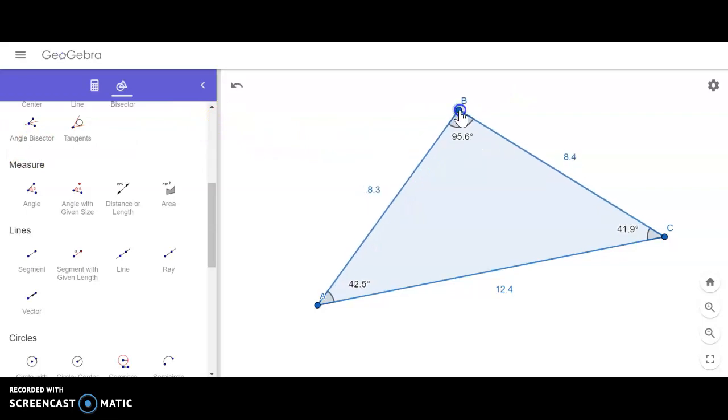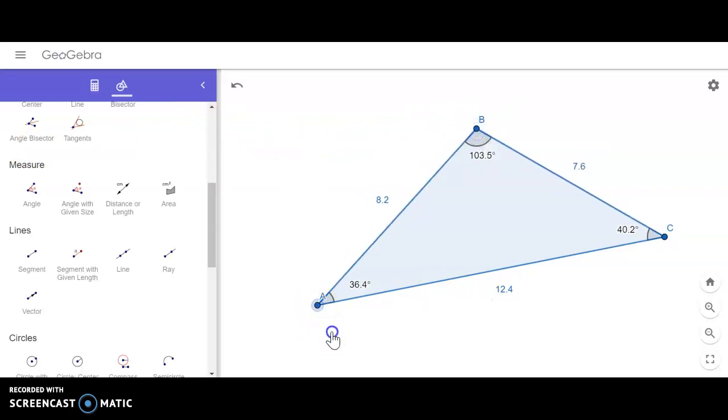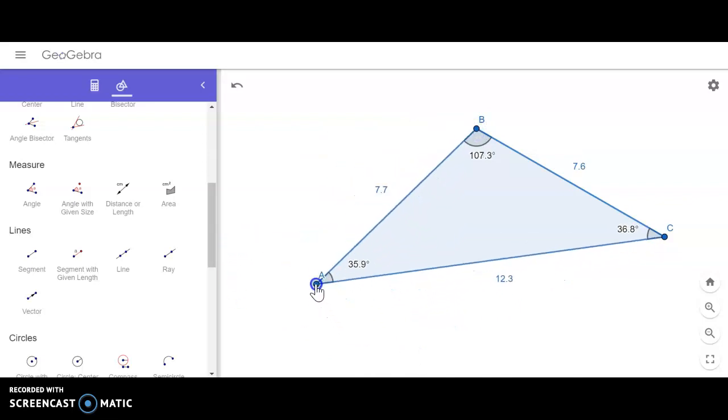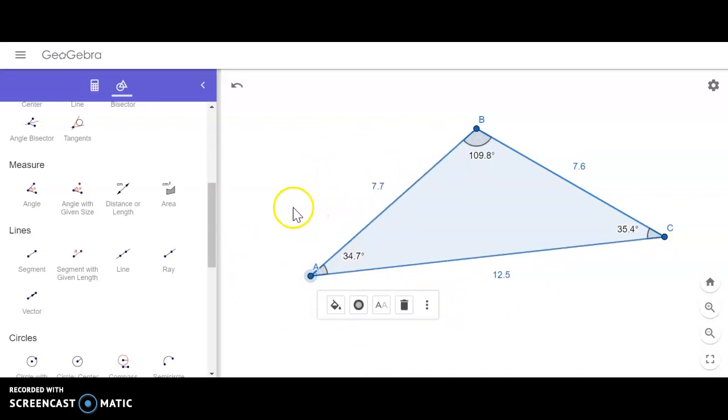If I continue to move it around, we can look at different aspects. But what we really want to look at is if I am right here, 34 degrees, notice how 34 is the smallest angle. 35 is over here, 109. But if I look at the opposite side, 7.6, the opposite side of the smaller angle is the smallest side.